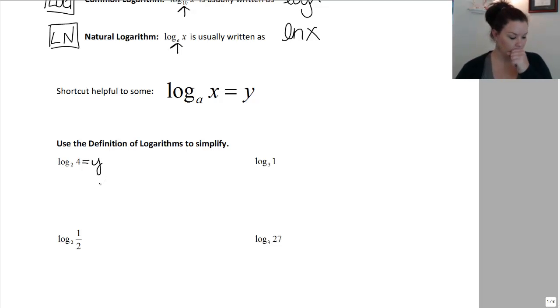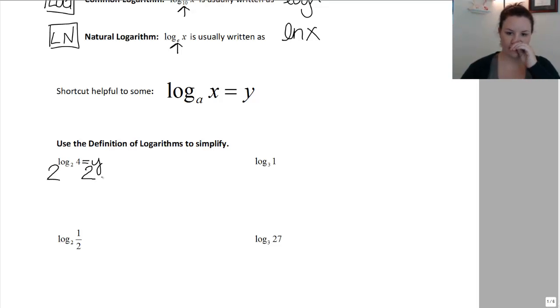Now when I set this equal to y, I can use our exponential form to get rid of the log. Remember we talked about logs and exponentials being inverses. So to get rid of log base 2, I'm going to use an exponential base 2, and raise this equation up into the exponent.